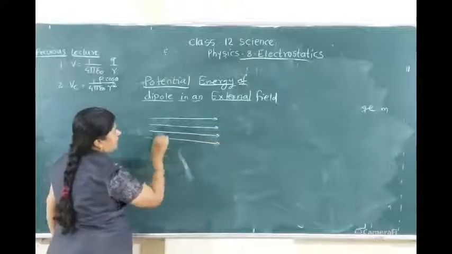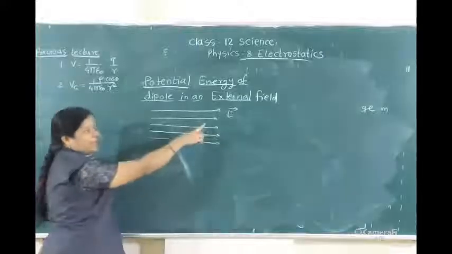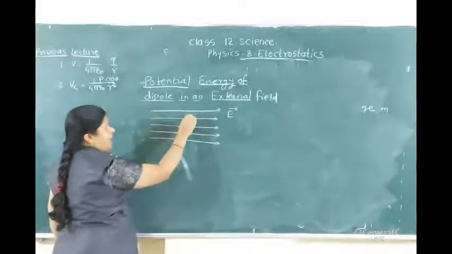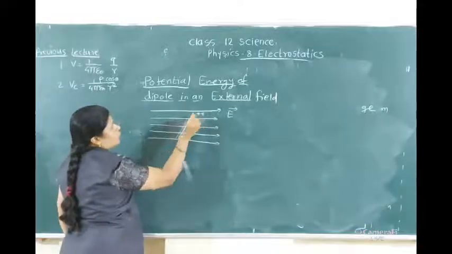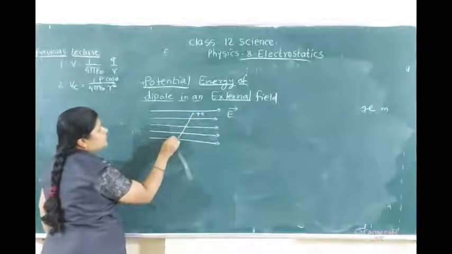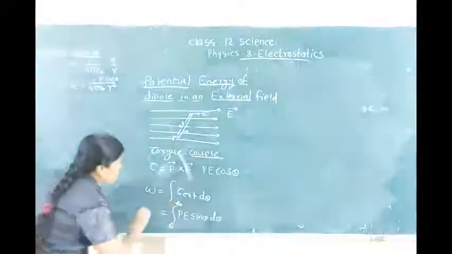Due to this plus charge, we get its electric force in this direction, and due to this minus Q, we get electric force in this direction, with angle from theta 0.